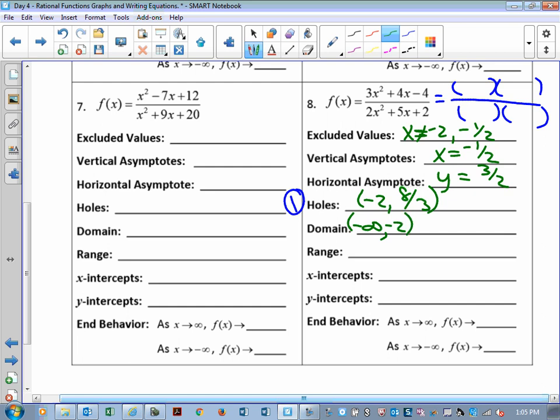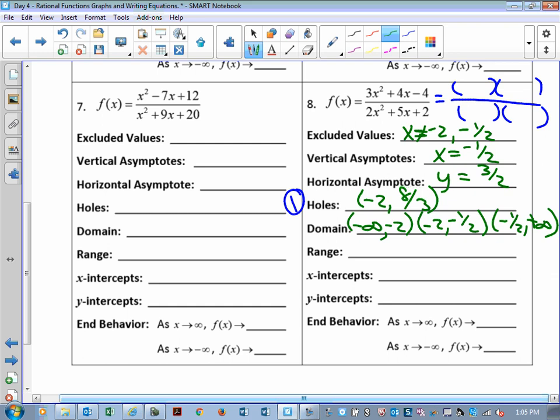And it doesn't matter if it's a hole or an asymptote, it's still going to be something that we have to jump over, right? Then we're going to go from -2 to -1/2, and then from -1/2 to +infinity. So that's why you gotta set all of this up before you start doing any domain and range. Excluded values are only x values.